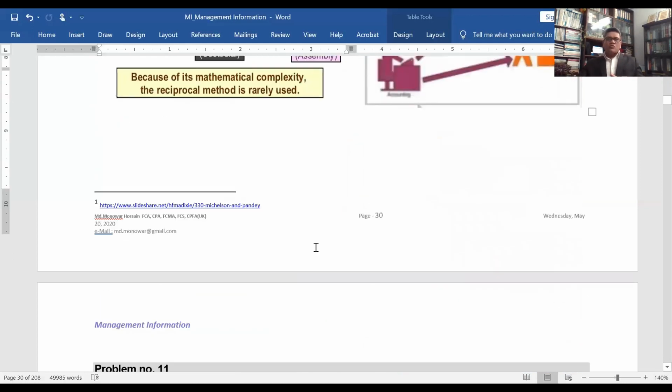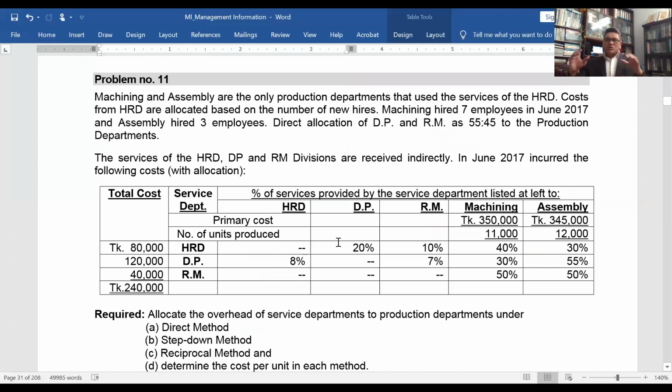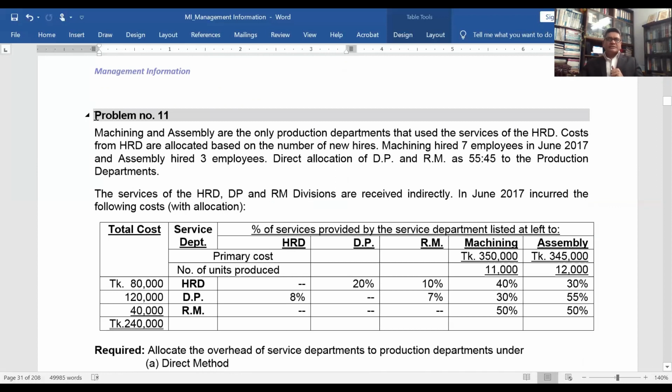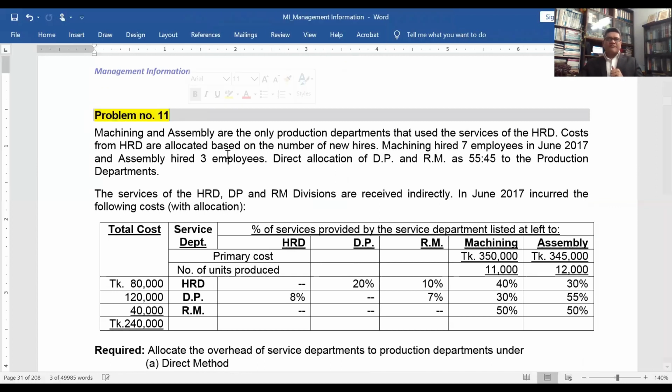Now we will solve a problem with these 3 methods. Look here, it is our problem number 11. It means that we have solved another 10 problems in my previous modules, up to module 5.